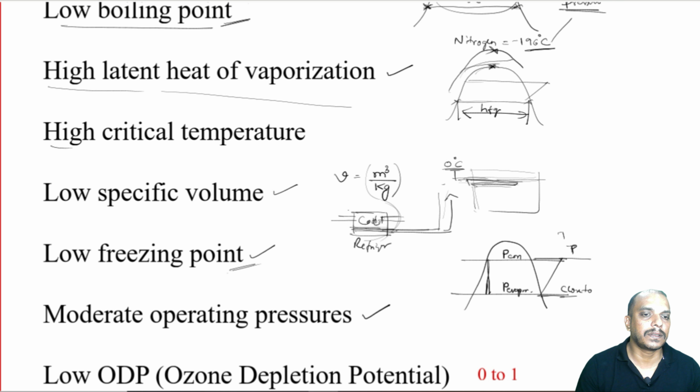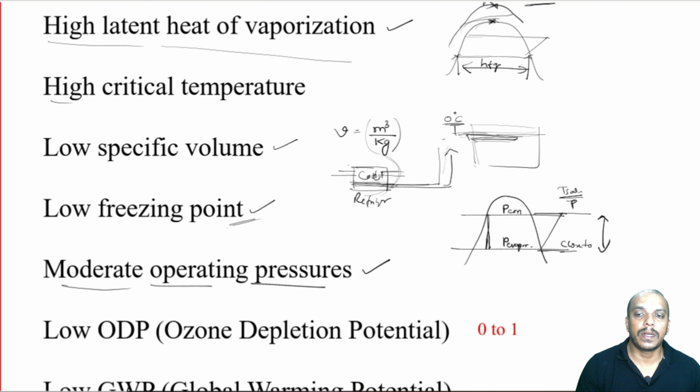In order to liquefy it, if you have to pressurize it so much, then your compressor becomes bulkier and heavier. So, moderate operating pressure means you have a system where with very little increase in pressure it should get liquefied, then by dropping the pressure, it should become vapor. So, this pressure range is what we mean by moderate operating pressures, all right.